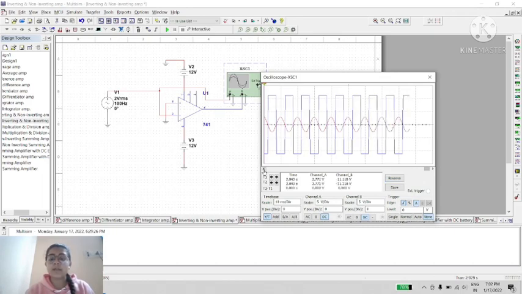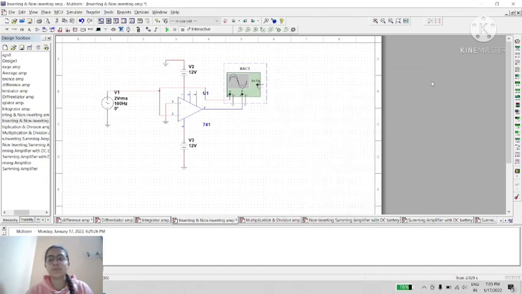Here red color is for input supply voltage and blue is for output voltage. In a positive half cycle we get negative output, and in a negative half cycle of input we get positive amplified and differentiated output.